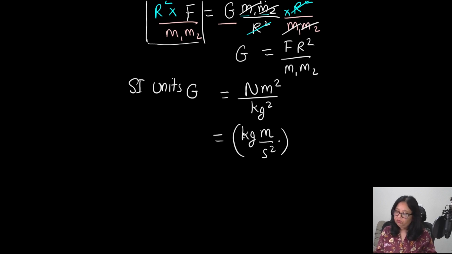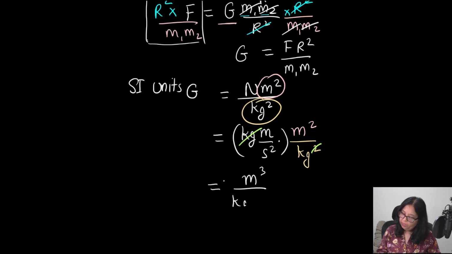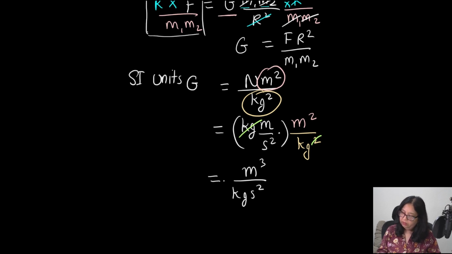Then I have this meter squared, and divided by this kilogram squared. What does this give us? Kilogram cancels one of the kilograms here. I now have at the top meters cubed divided by kilograms seconds squared.